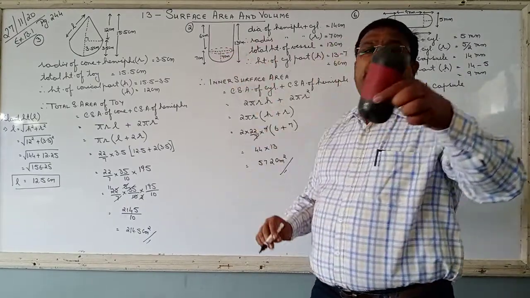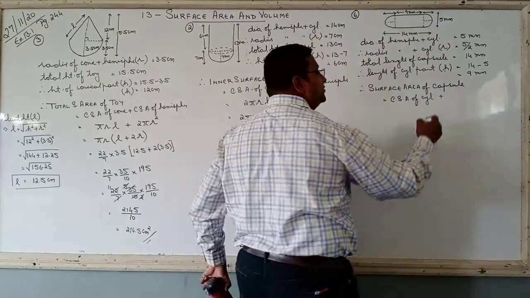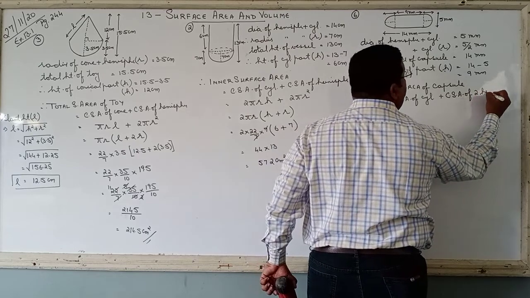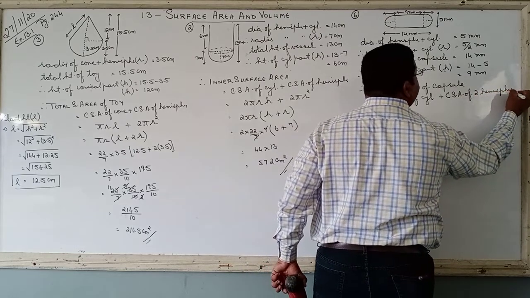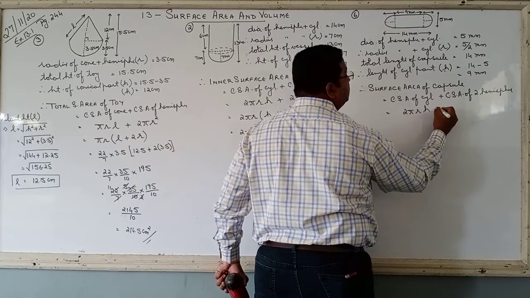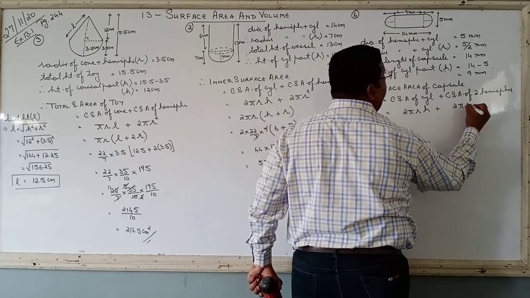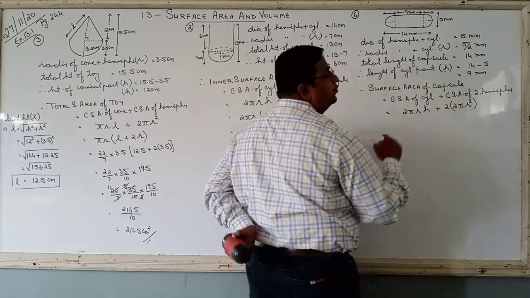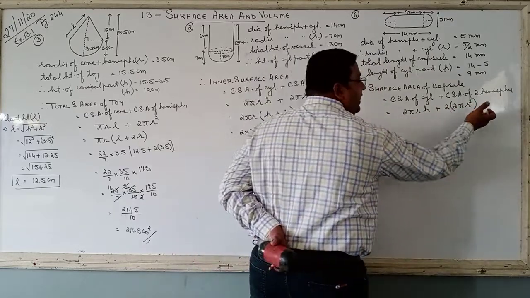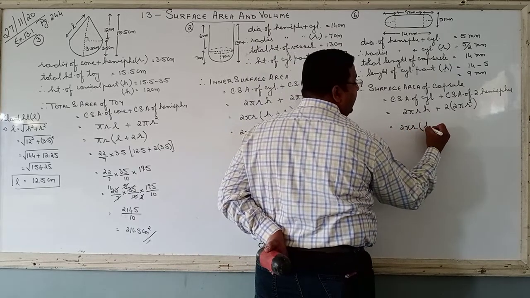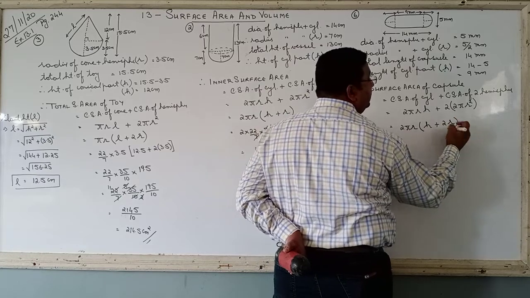Curved surface area of the cylinder is 2 pi r h, curved surface area of a hemisphere is 2 pi r square, but because it is 2, we multiply by 2. Take 2 pi r common, what is left? h plus 2r. Can you see that?